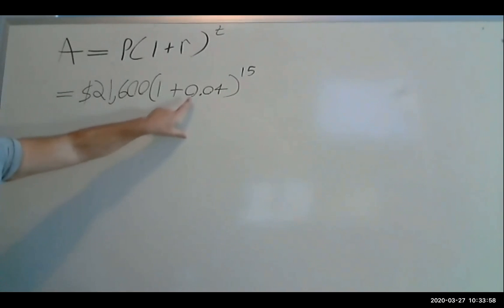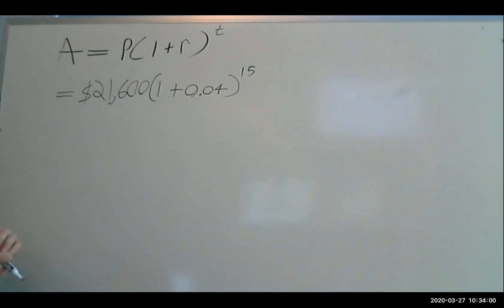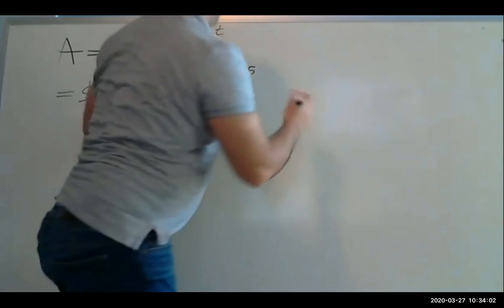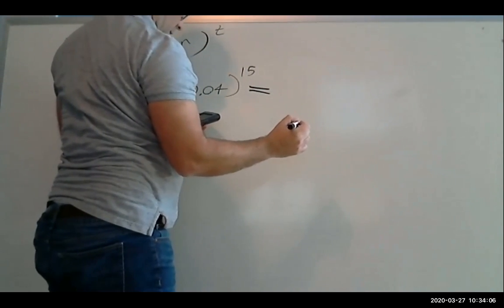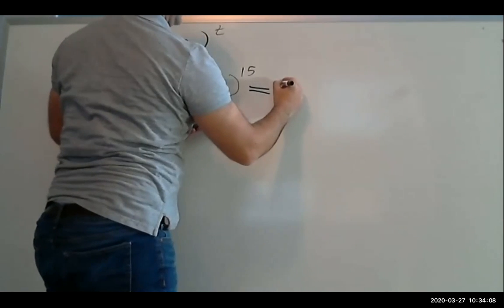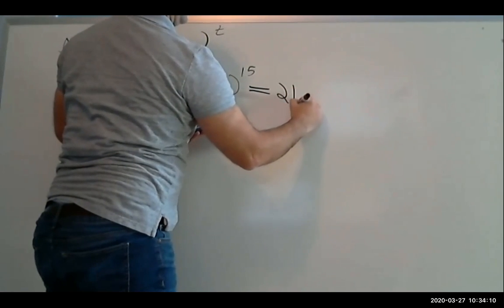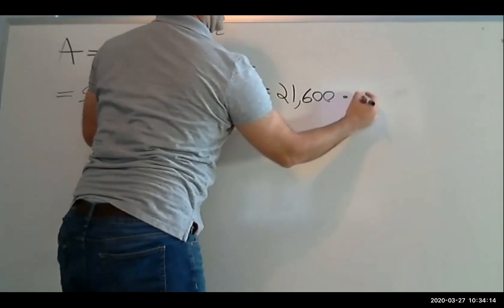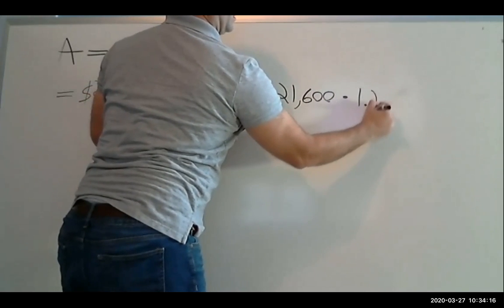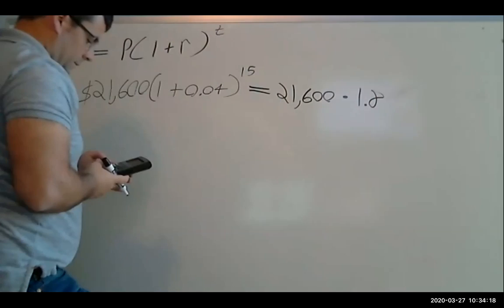So 1.04 to the 15th is 1.8. So 21,600 times 1.8.